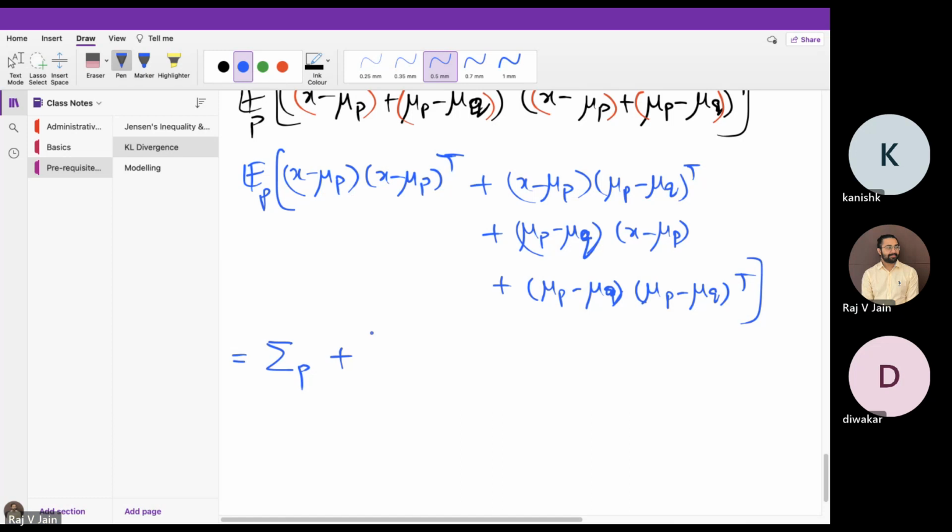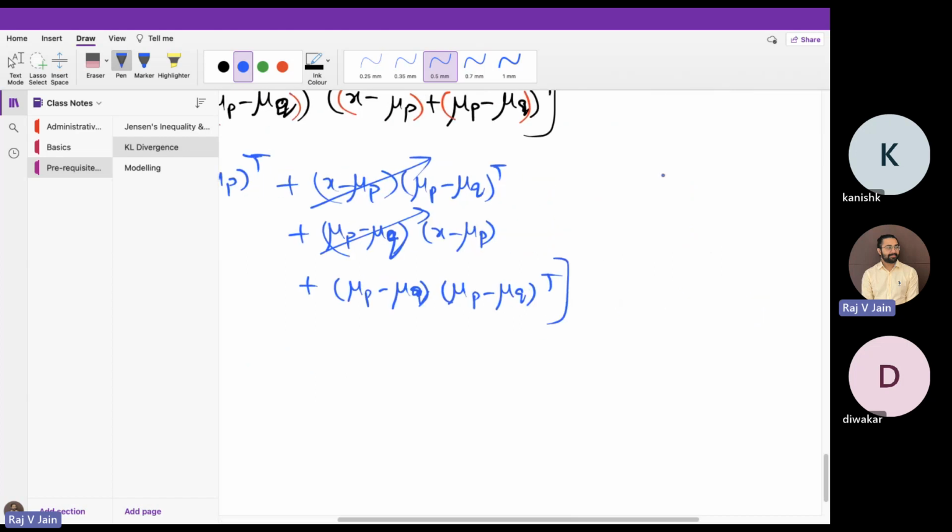Zero. Why? Because mu P minus mu Q transpose is a constant quantity, so I can take the expectation inside, and the expectation of x over the distribution of P is the same as mu P. So both of these terms become zero.